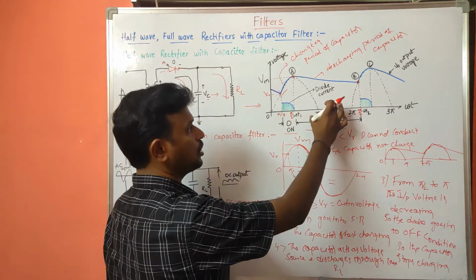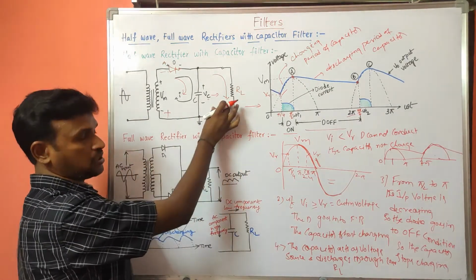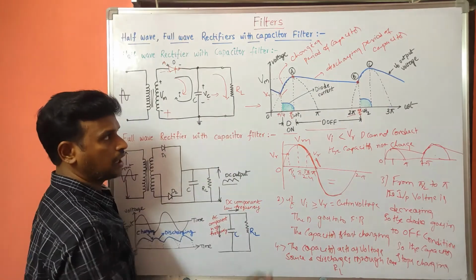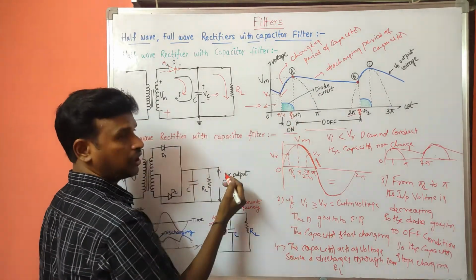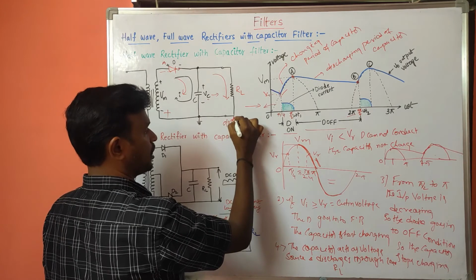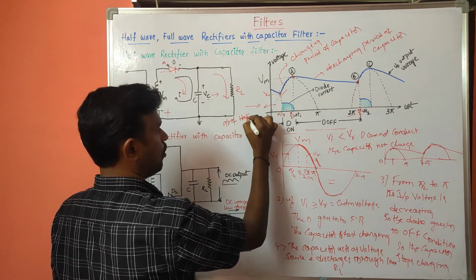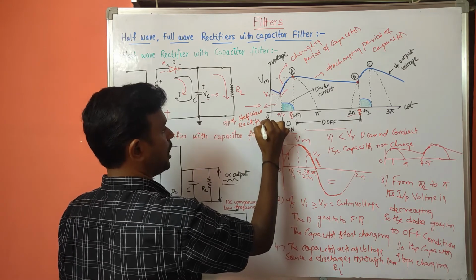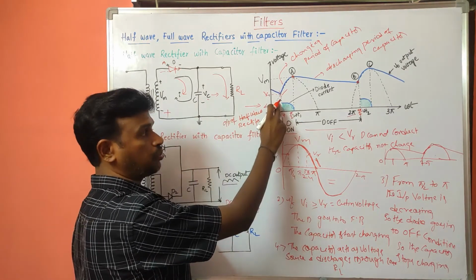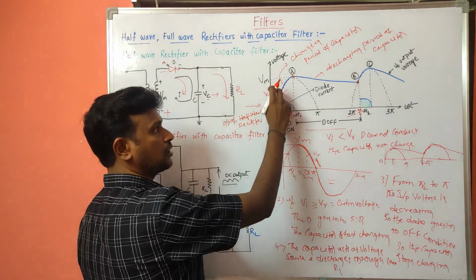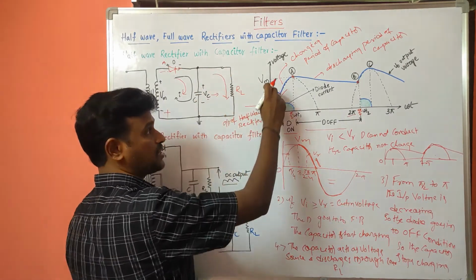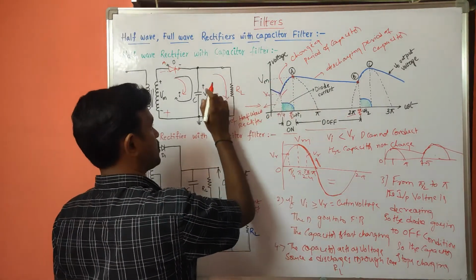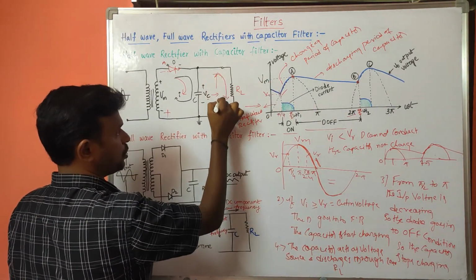So this is about the half wave rectifier with the capacitor filter output. This one is the output of the capacitor filter, and the dotted lines that we have here are the output of the half wave rectifier. For that output the capacitor will act by charging and discharging, and the output of the capacitor is what we get here.